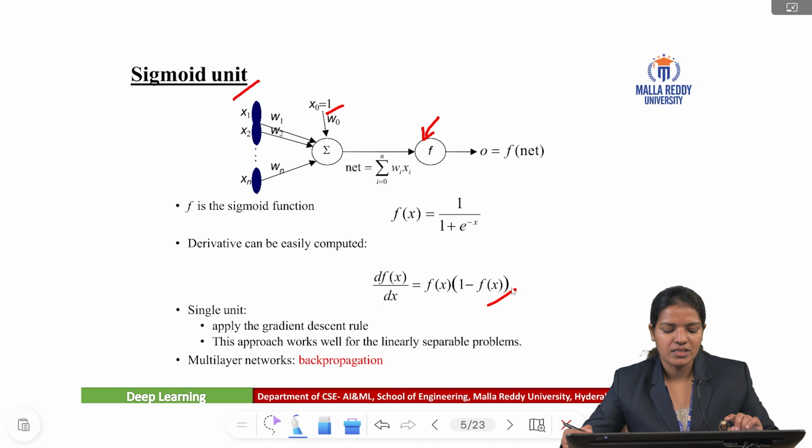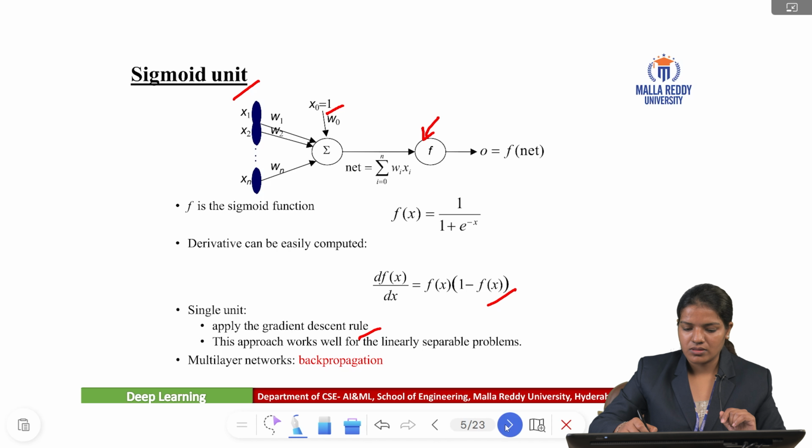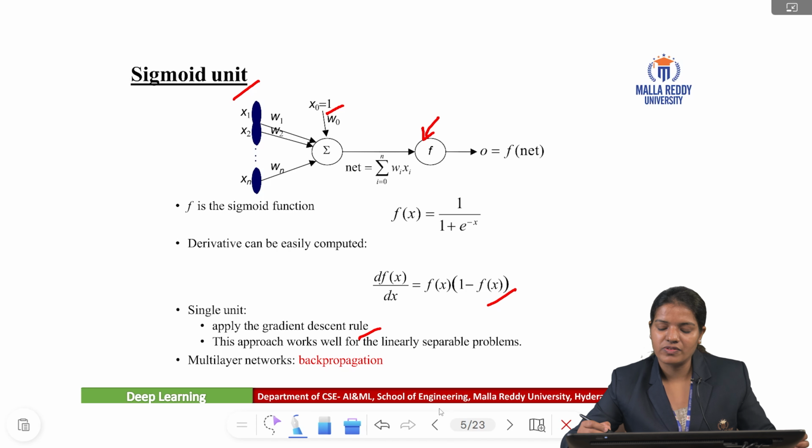So it helps in solving linearly separable problems, and we can apply the gradient descent rule here. But this type of model fails in the case of complex problems, or where there is a need to solve non-linearly separable problems.